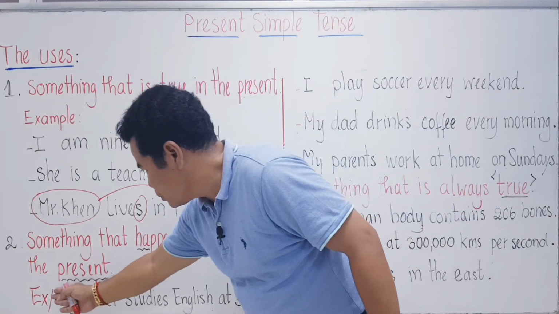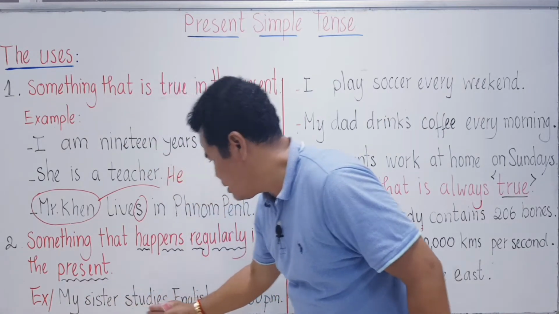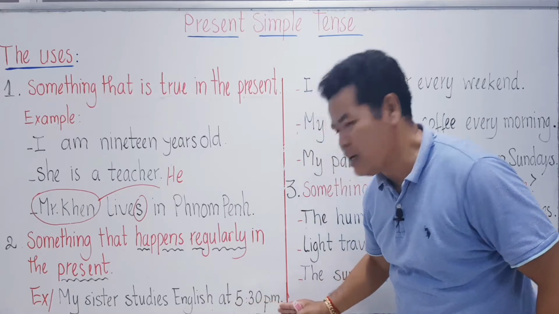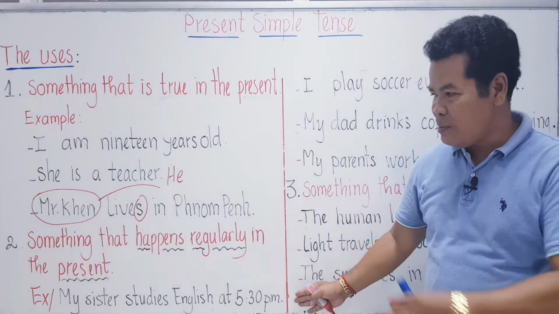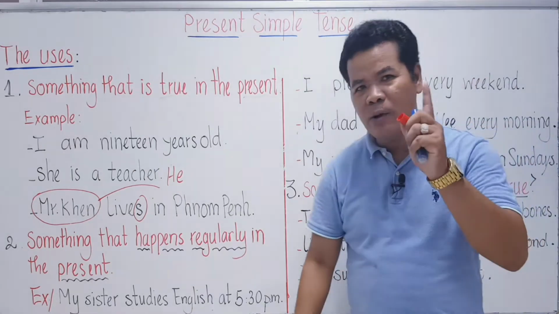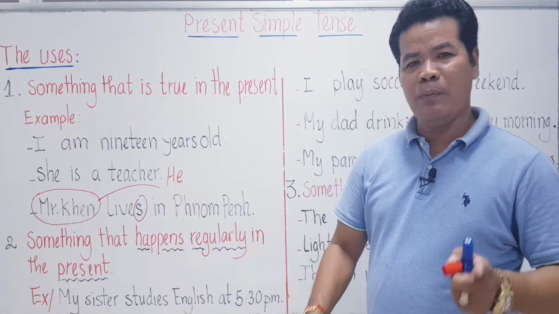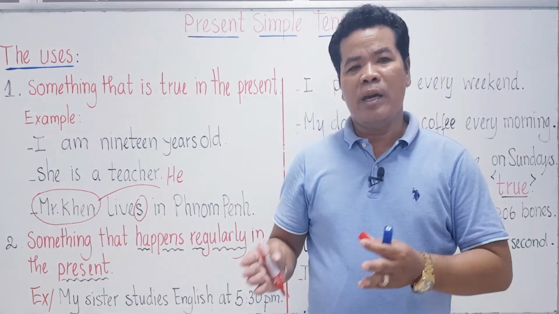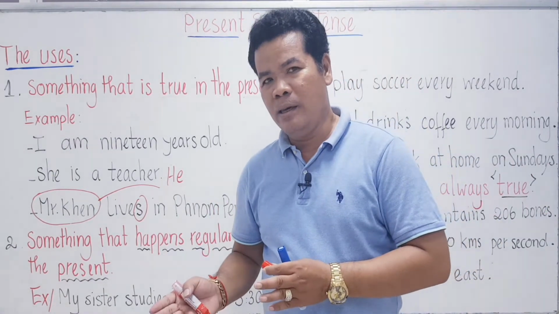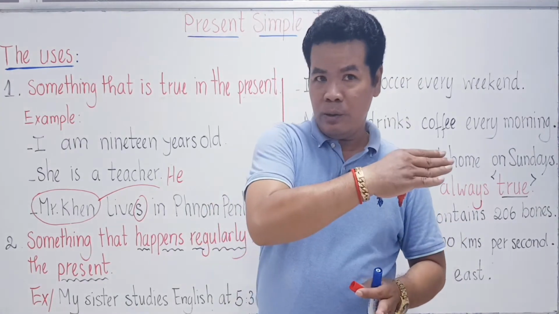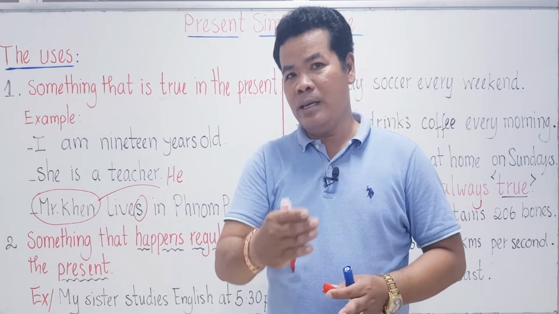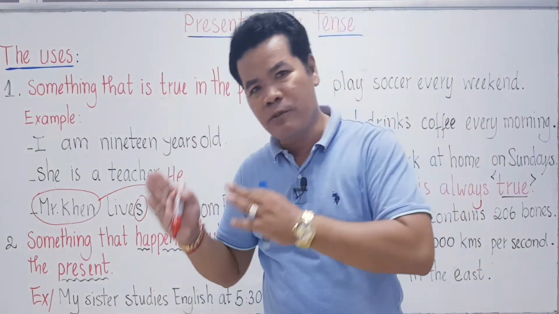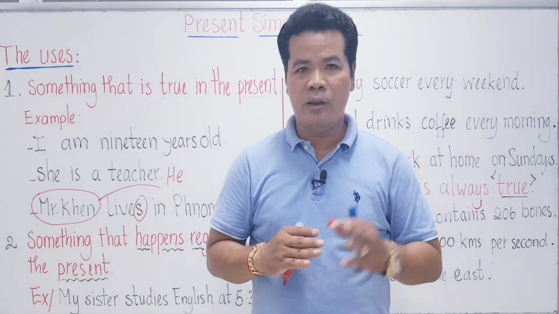For example, my sister studies English at 5:30 p.m. It doesn't mean that she studies English just only one day. No. She studies English 5 days a week from Monday to Friday. So she goes to school at 5:30 every day from Monday to Friday. Right? Not just only one day or 2 days.